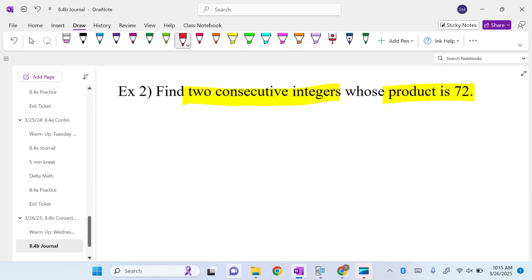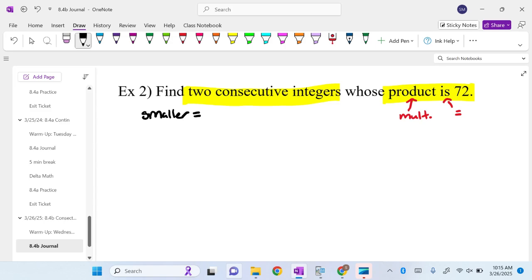So first off, the word product, what does that mean? Multiplication. So we're multiplying, and it should be equal to 72. So first things first, we've got to define our two consecutive integers. So our smaller integer will always be what? What do we use to represent the smaller integer?